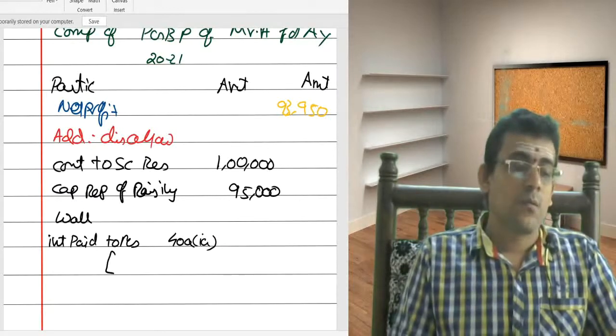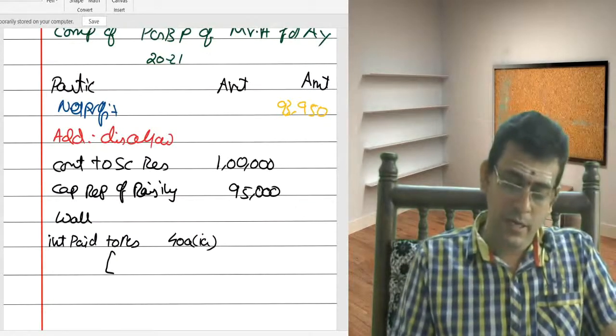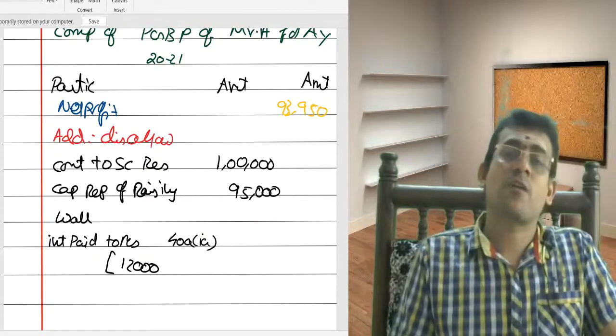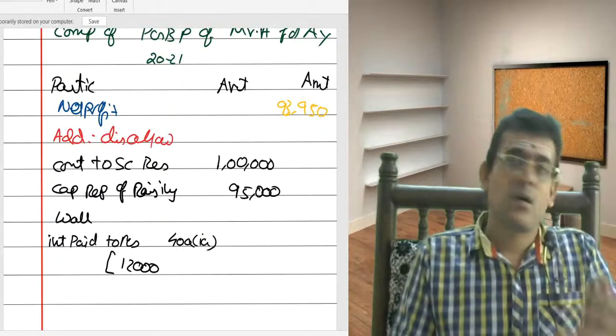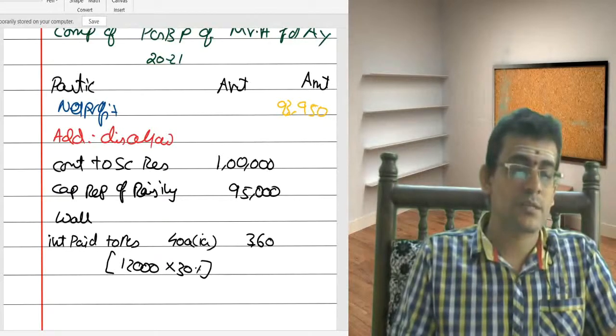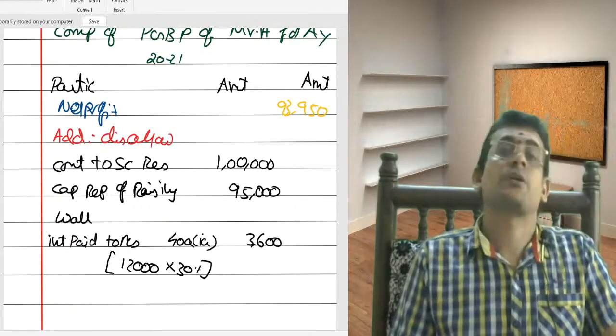Disallow. What is the amount of interest paid? You are making payment of 12,000 as interest. Not 100%. You are supposed to disallow only 30%. So 12,000 into 30% gives you 3,600, which is the amount I am going to disallow.